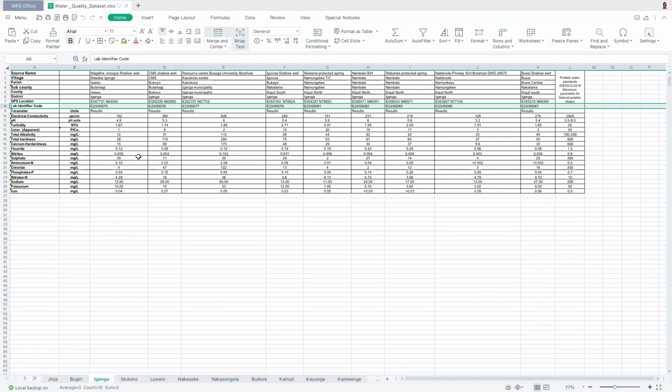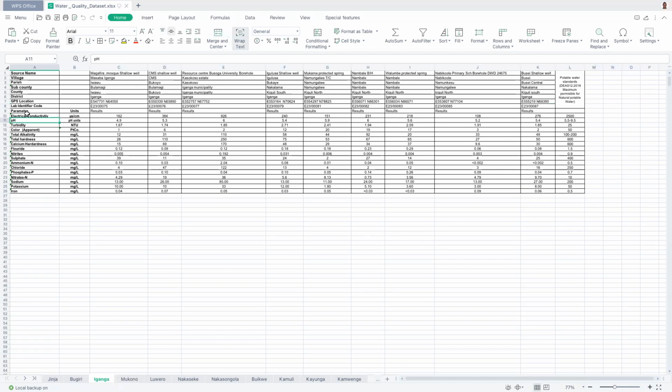Now, to go through a sample of some of the columns of the data, we have the source of the water, things like well, borehole, spring, and so on and so forth. But all this is represented by village, parish, sub-county, and to the district level.